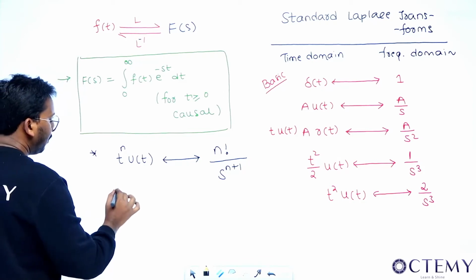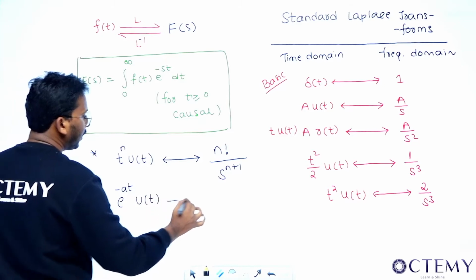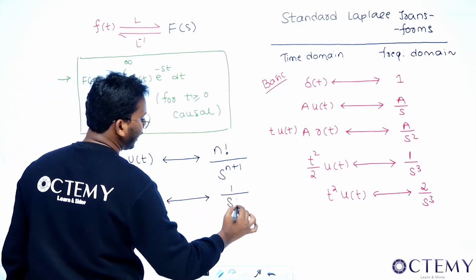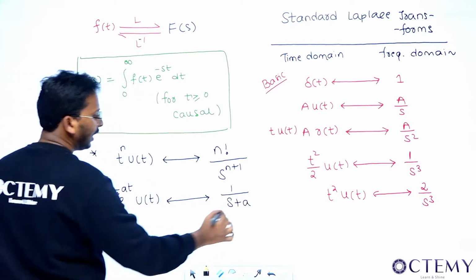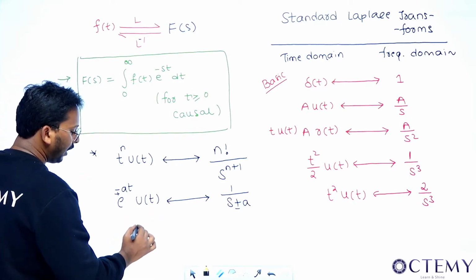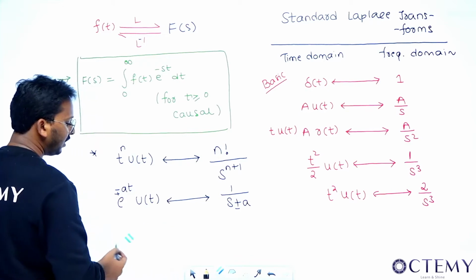Next, e power minus at u(t). The Laplace of this will be 1 by S plus a. Whereas if you have plus here, it will become minus here, right? Similarly, you have u(t) minus t naught, or let me tell that in shifting.